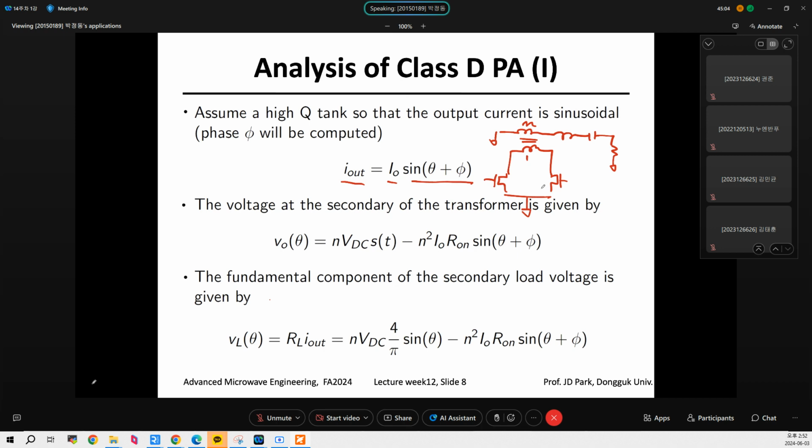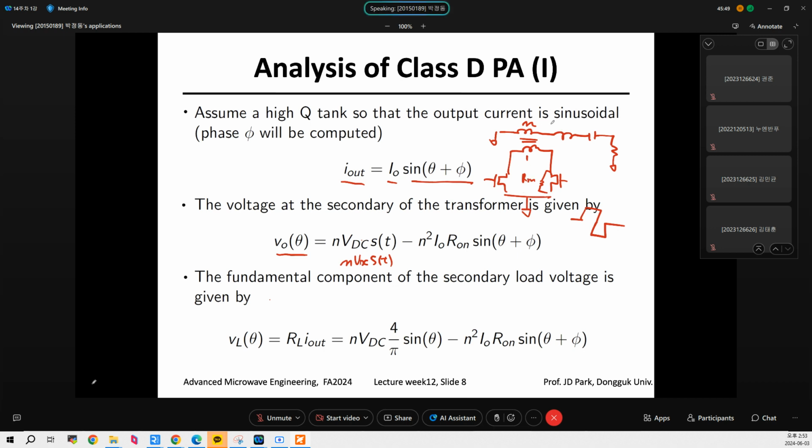Since this is a sine function, the output voltage is N VDC sine. Also the current: the device has an R on resistor.